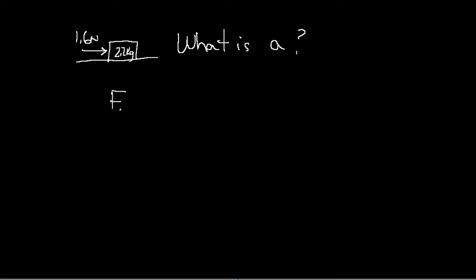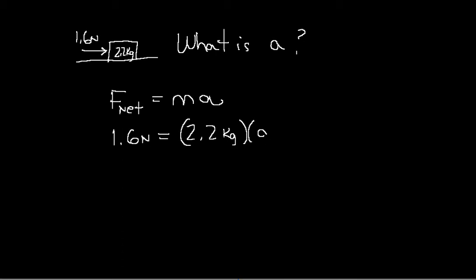Well, the net force, F net, is equal to the mass of the object times its acceleration, according to Newton's law. The net force, we said, was 1.6 newtons. The mass is 2.2 kilograms, and we don't know what the acceleration is.